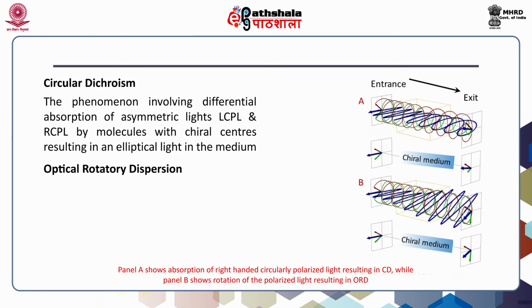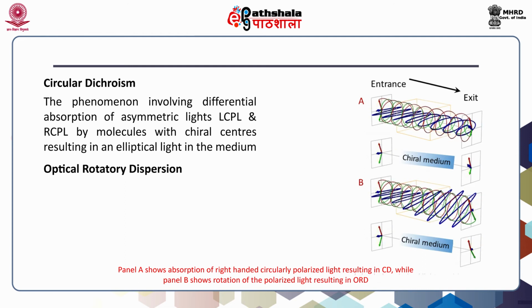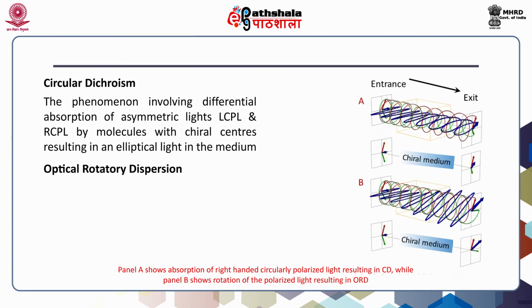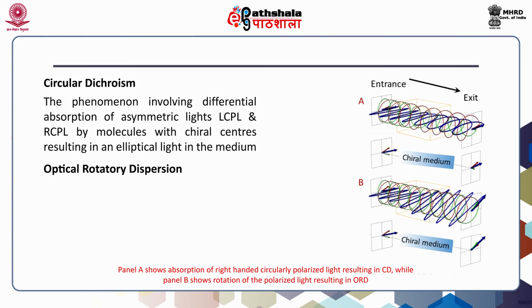If you see it slowly, the resultant vector is slowly rotating downwards, or you can say it is rotating toward the left. When it has emerged beyond the box wall, there is no change in the left or right circularly polarized light, and hence no change in the rotation of the emerging light, which is the resultant of the two.